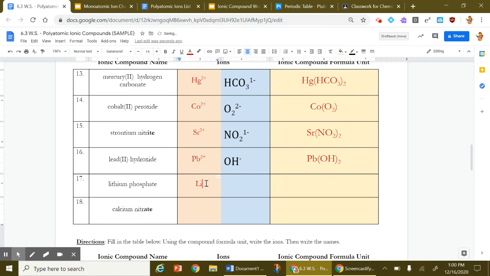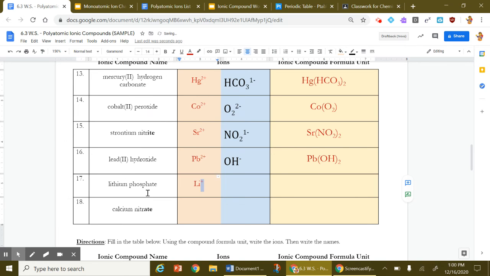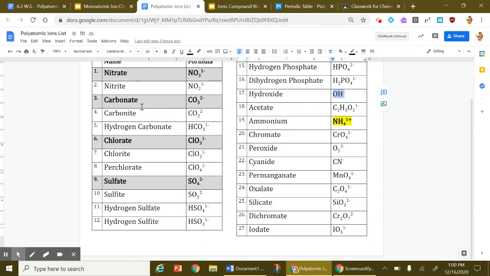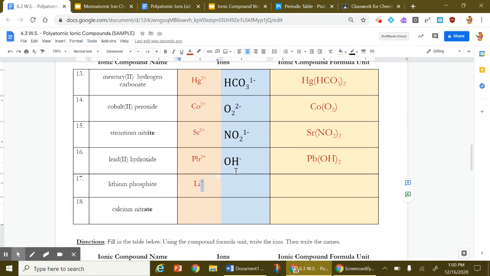Lithium is 1 plus. Lithium has a 1 plus charge. What the heck is phosphate? Let's go to the list. Phosphate is PO4 3 minus. Okay. Lithium is 1 plus. Phosphate is 3 minus.